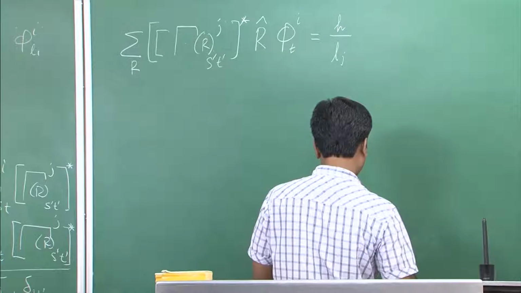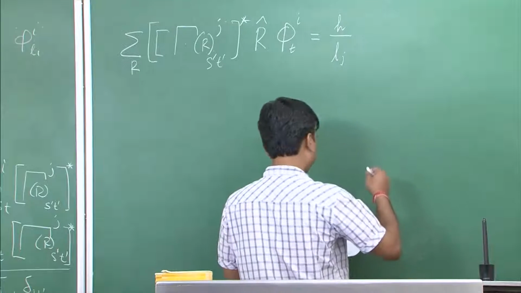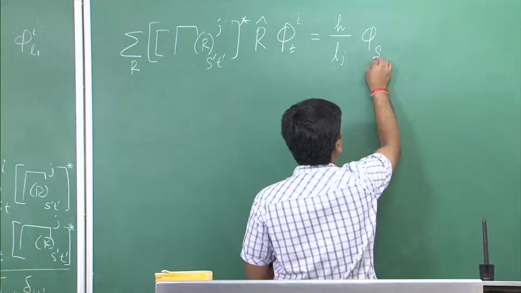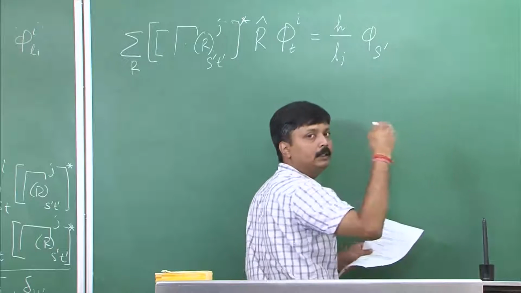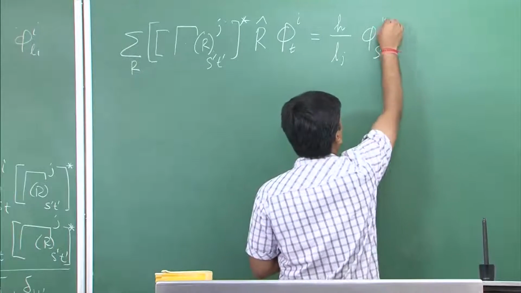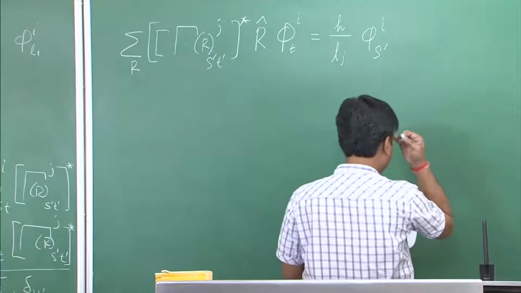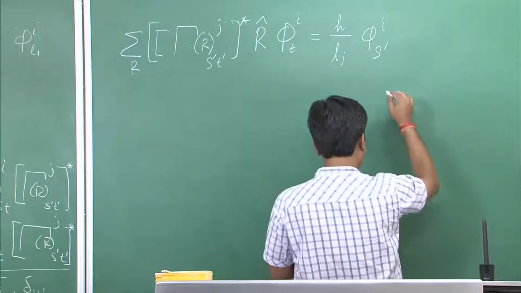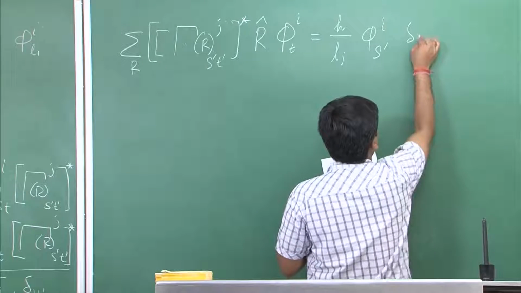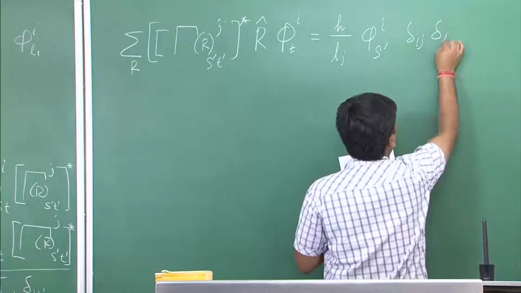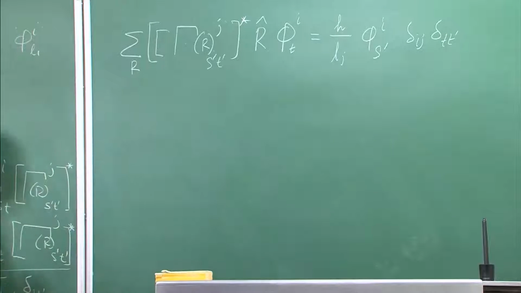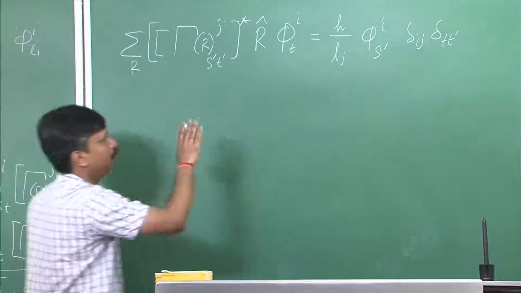And I have phi s prime, because for s equals s prime this will survive, for the ith irreducible representation, and if I still keep the deltas to keep the generality, I will have this part.